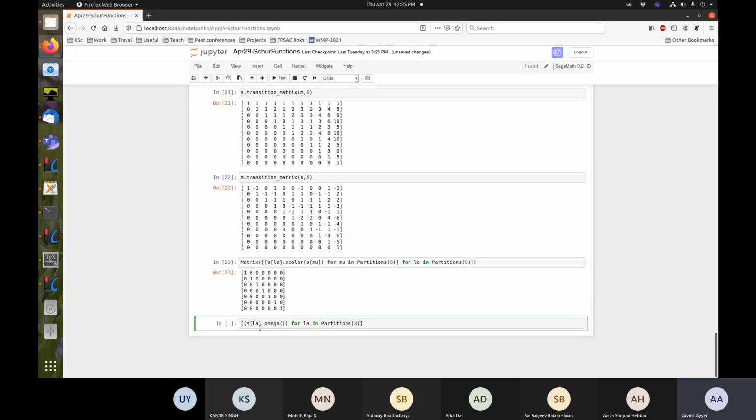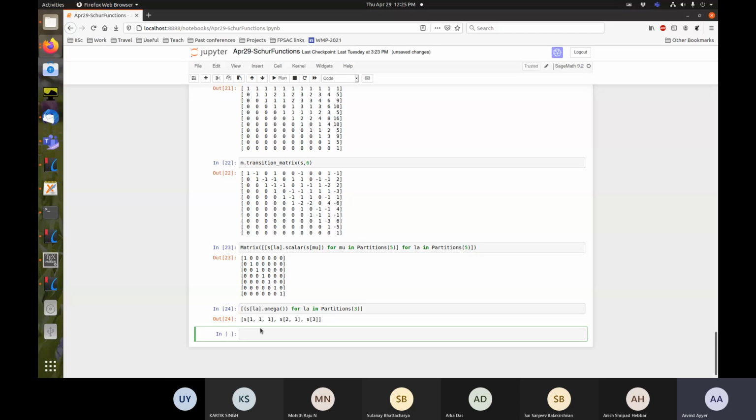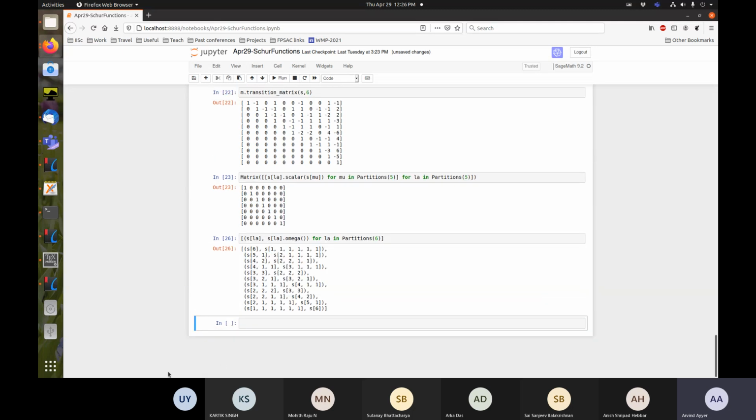S lambda dot omega, you'll get the conjugate. I can go higher just to show you that this is not an exception. You can see things like this happen.